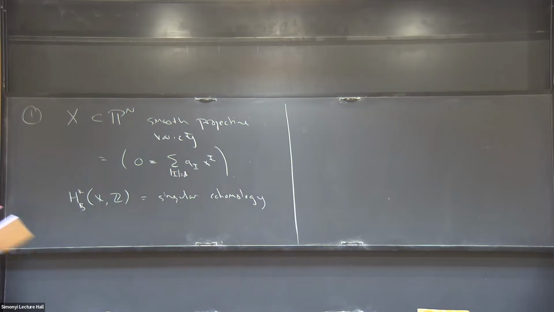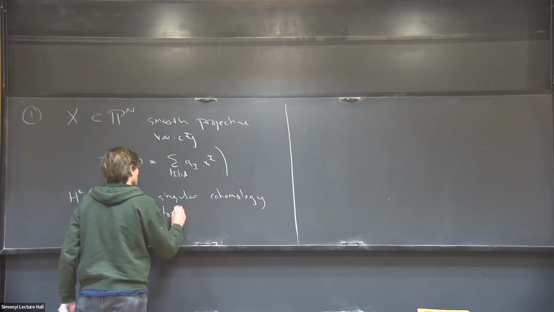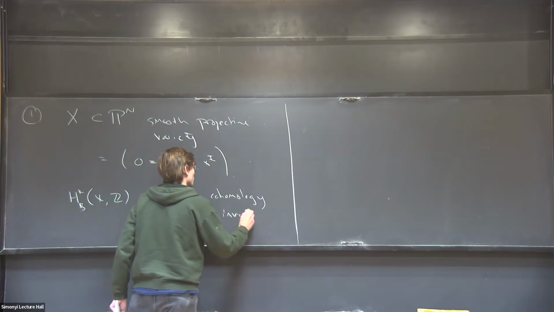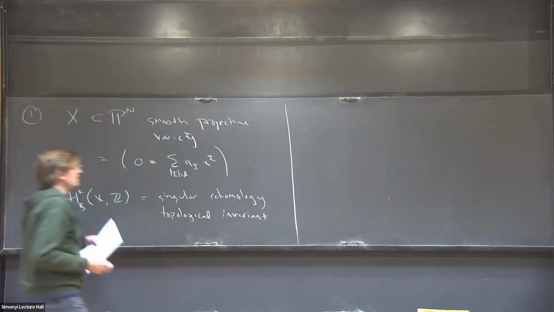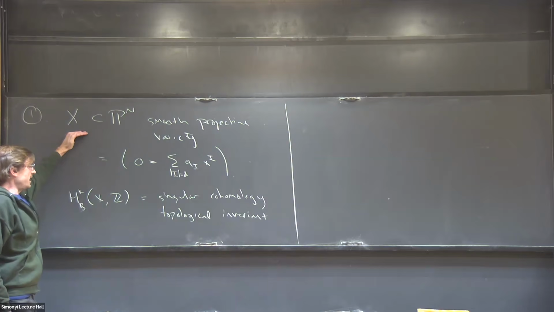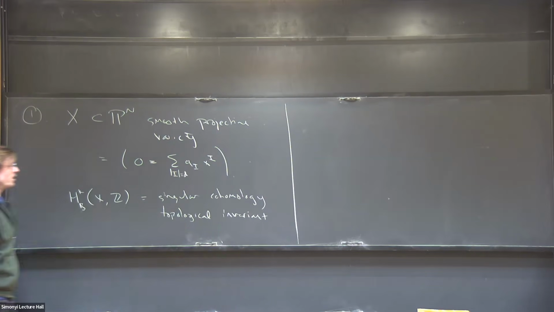This is a topological invariant, so it completely doesn't see the algebraic structure or even the structure as a complex manifold of X. So in particular, if I deform the coefficients of this polynomial, the underlying topological space doesn't change up to homeomorphism, and so this invariant doesn't change.